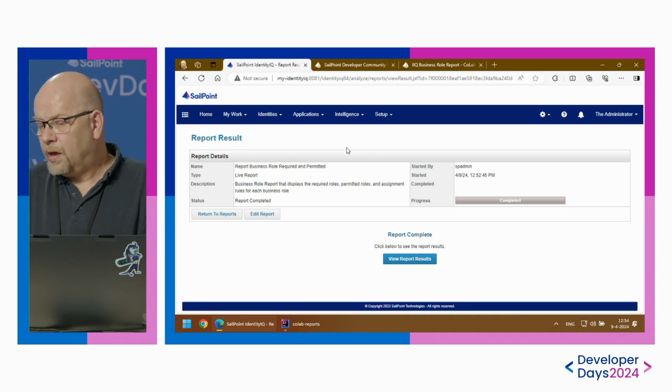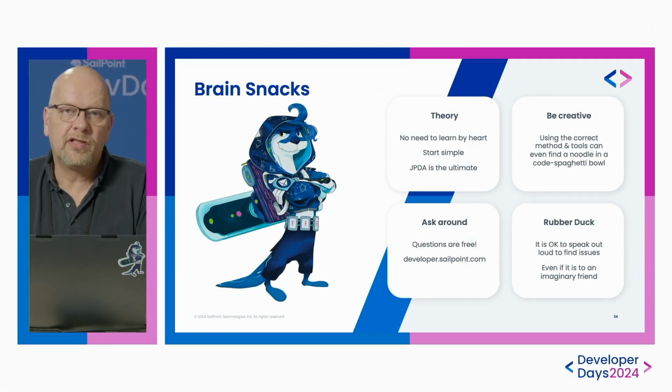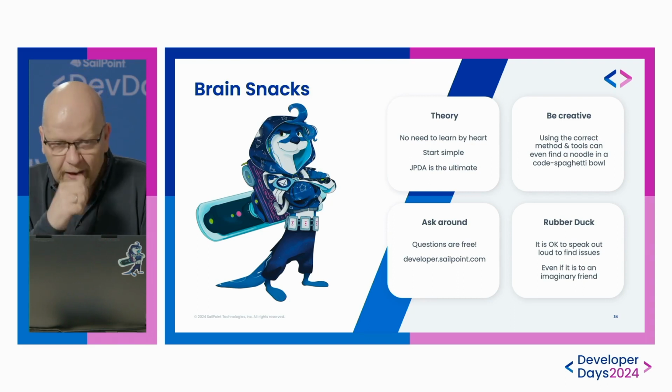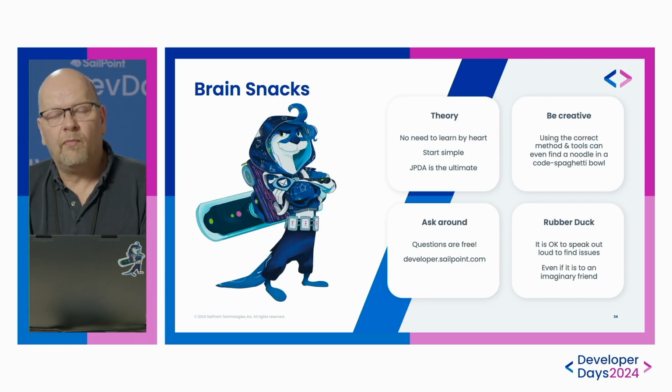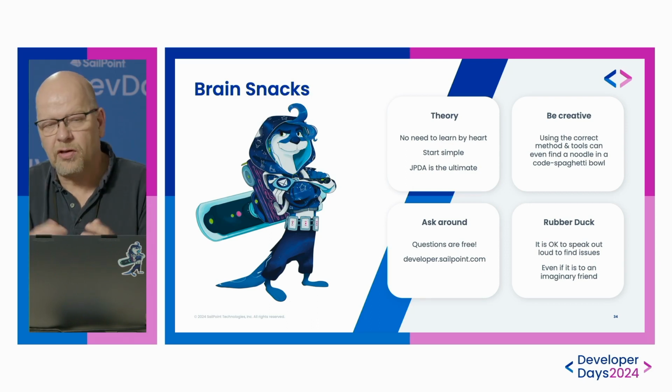Then, as the end, one final bit, a couple of things to take away. The theory that I explained, the different types of debugging methods, it's nice to know that they're there. You don't need to learn them by heart, but just keep in mind, if you are trying to find an issue in your code, what have you been doing? If you're using the brute force method, it might not be the best thing to do, so maybe there's another way that you want to do it.